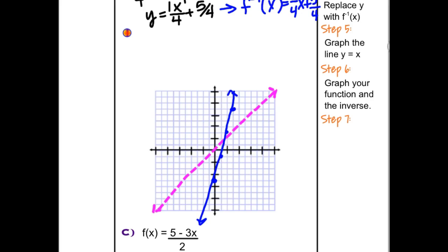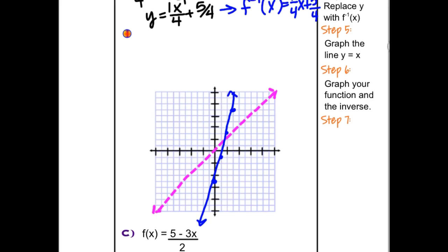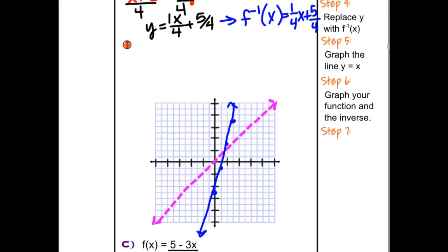And then I'm going to graph the other one in red. So 5 fourths, that's 1 and 1/4, is right here. And then we go down 1, 4, down 1, 4, and that's a little bit off, but it's in the picture.